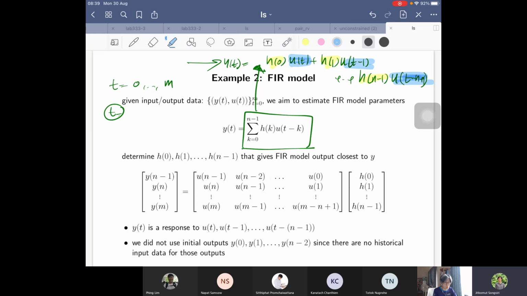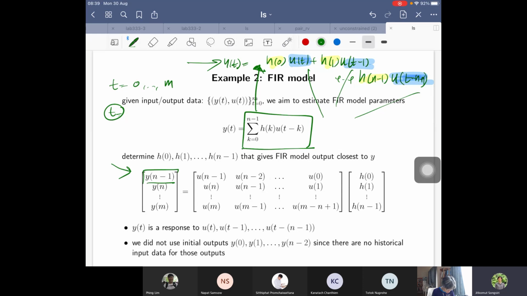Because in a linear system, the current output cannot depend on the future input. Everyone see this? So when you first write the vector equation, you cannot start with t equals 0, because on the right-hand side you don't have the data of u at negative time index.